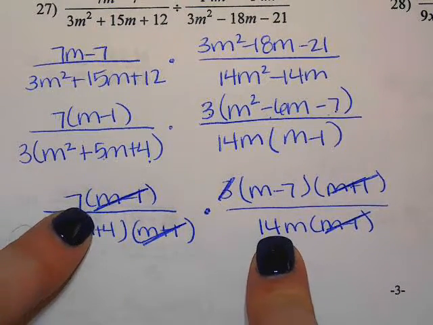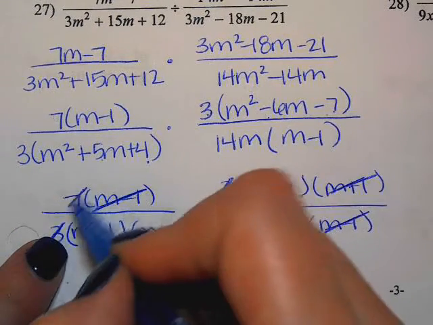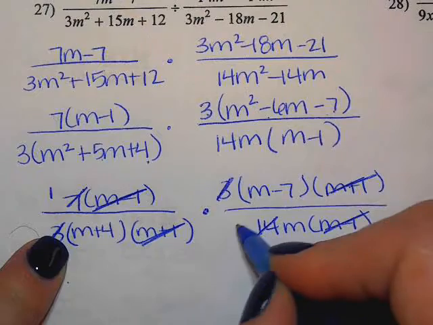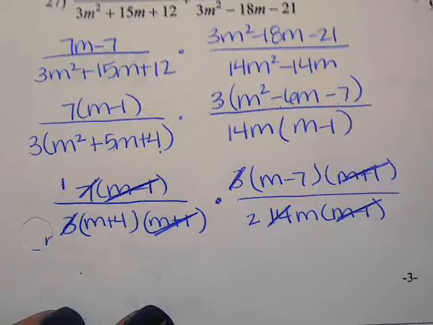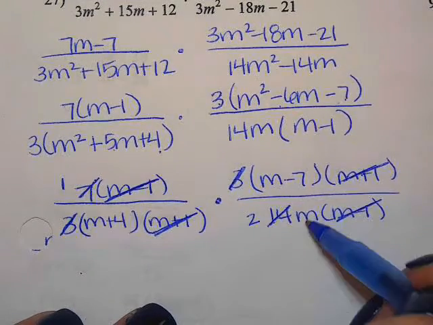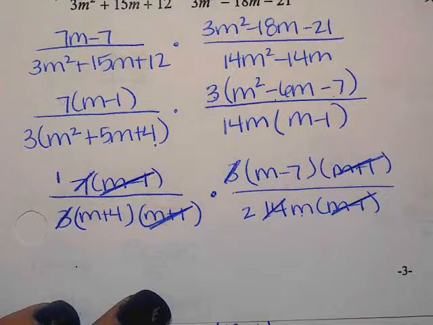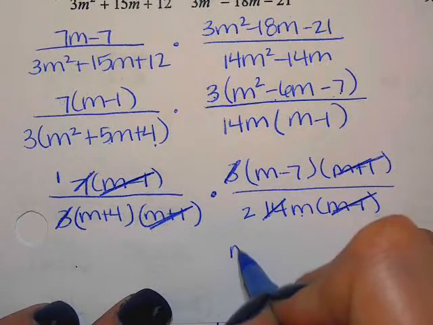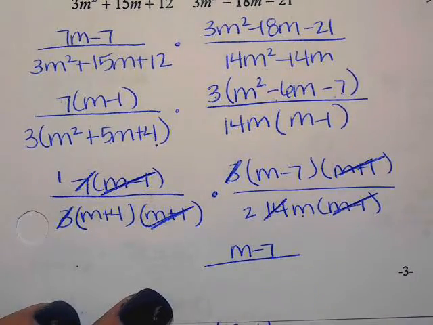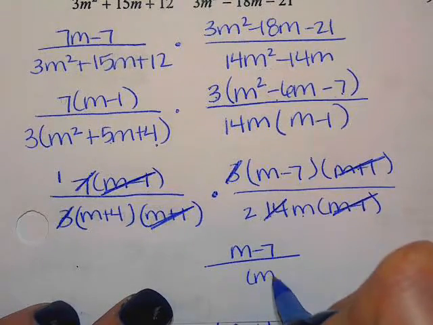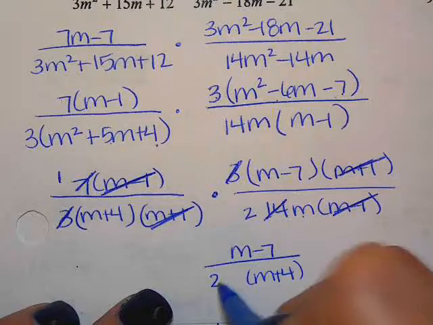Yep, because 7 over 14 is 1/2. So 7 goes into 7 once, 7 goes into 14 twice. The M just stays there. Doesn't go away, it stays. All right, so what's left over on the top? M minus 7. What's left over on the bottom? And a 2 and an M.